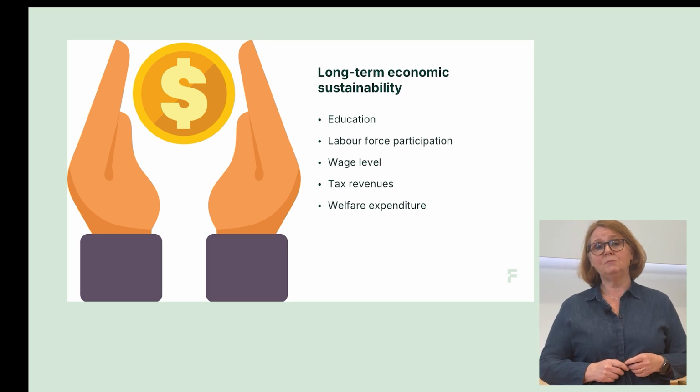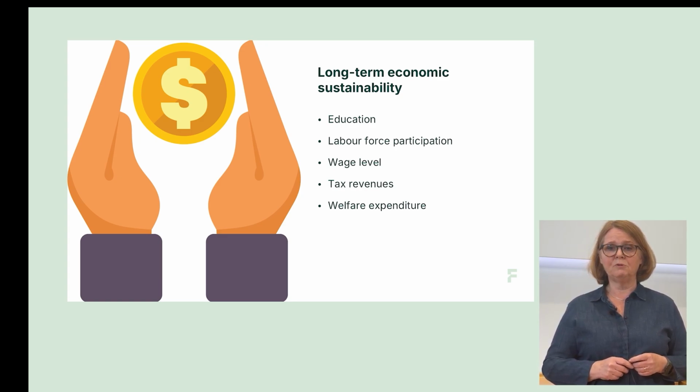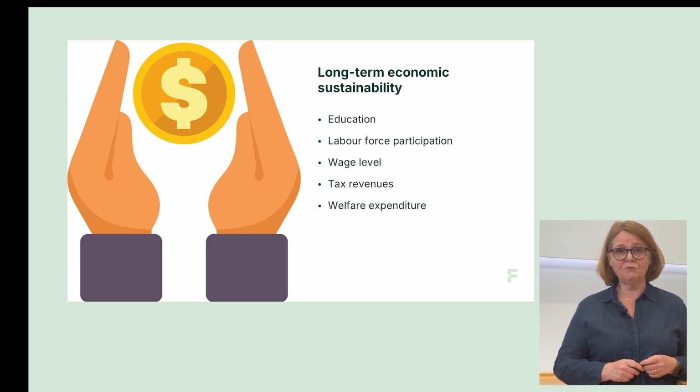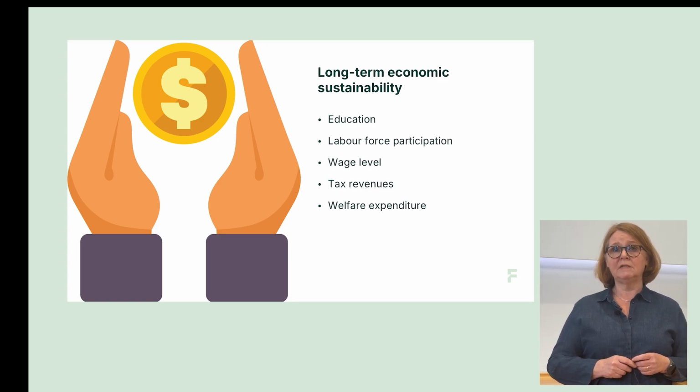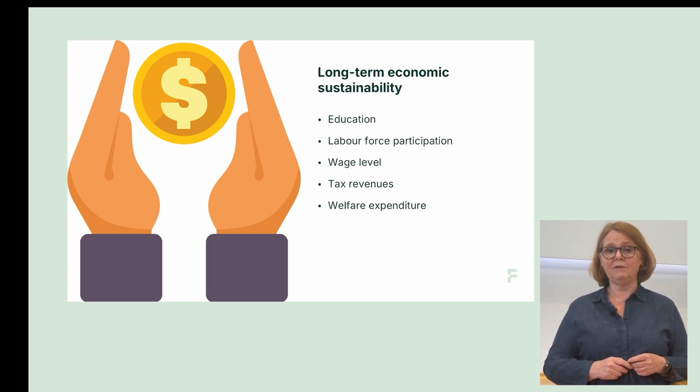Child poverty also poses a challenge to long-term economic stability. As I've said, economic hardship during childhood is associated with lower educational attainment, poorer schooling performance, and worse health outcomes. Because of this, children from poor families are at a greater risk than others of having an unstable relationship with the labour market later in life.